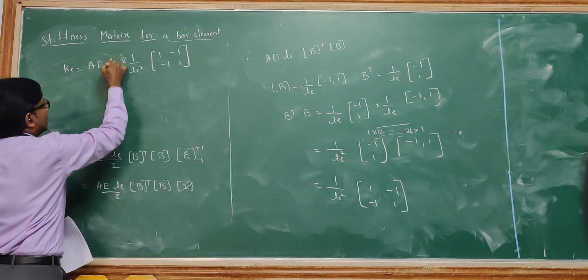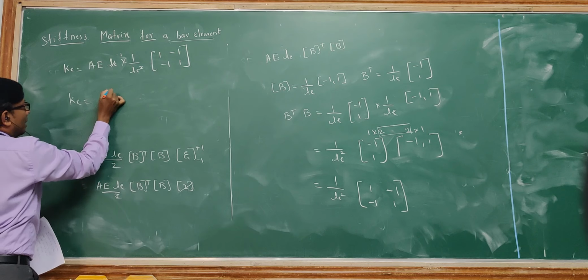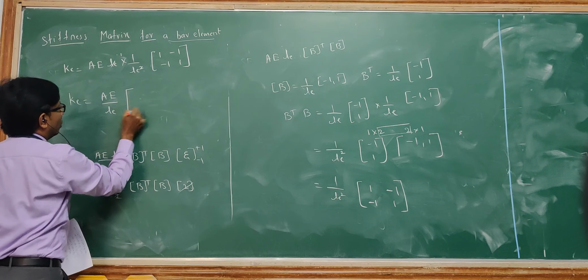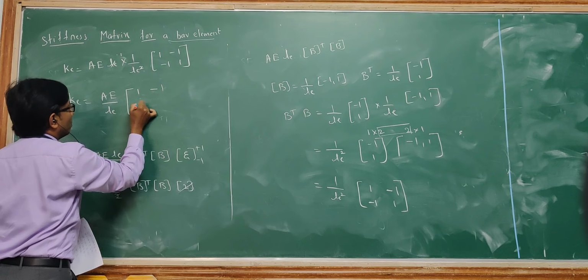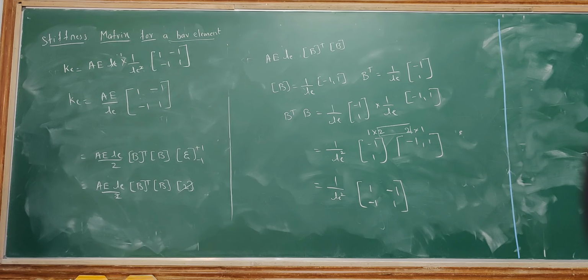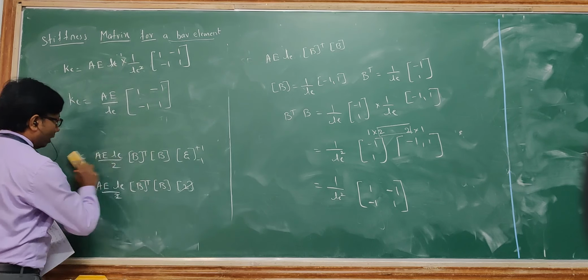So this gets cancelled, and KE is nothing but AE by LE, where LE is the length of the element, into [1 -1; -1 1]. This is for a particular element. The stiffness matrix will always be given for a particular element.